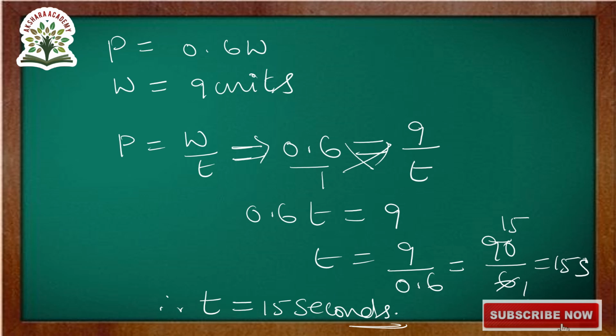Substituting P and work done values and then taking cross multiplication, T equals 9 by 0.6. This can be done as a decimal representation, 90 by 6, 6 ones are 6, 15. Here the S denotes the unit for time. So time equals 15 seconds.